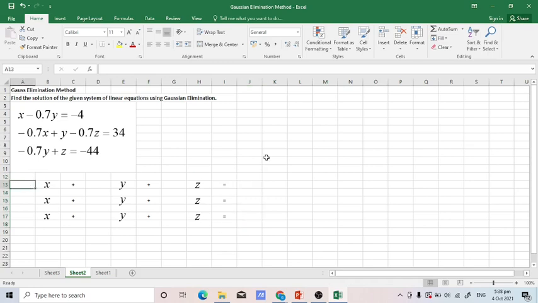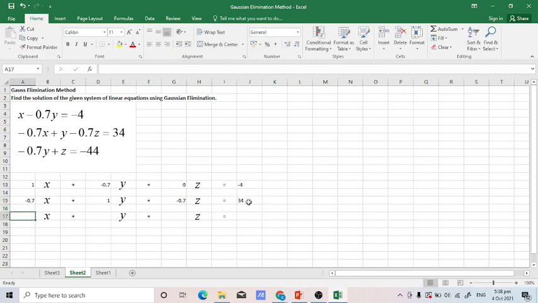Okay. So, meron tayong 1x, negative 0.7y, 0z, and then negative 4. And then, second equation, negative 0.7x, followed by 1y, followed by negative 0.7z, and then followed by 34.